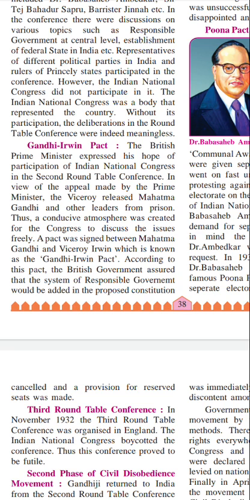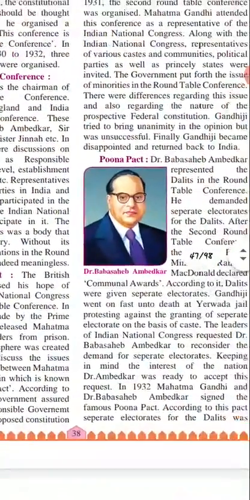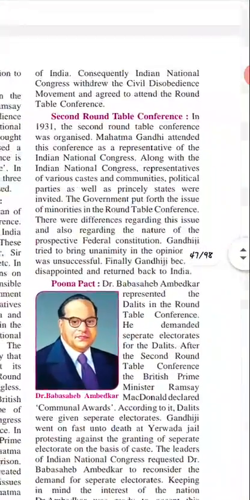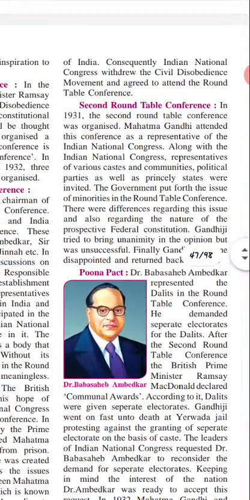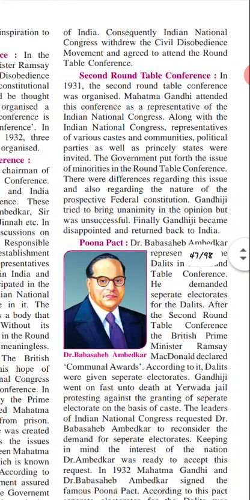A pact was signed between Mahatma Gandhi and Viceroy Irwin, which is known as the Gandhi-Irwin Pact. According to this pact, the British government assured that the system of responsible government would be added in the proposed Constitution of India. Consequently, the Indian National Congress withdrew the civil disobedience movement and agreed to attend the Round Table Conference.